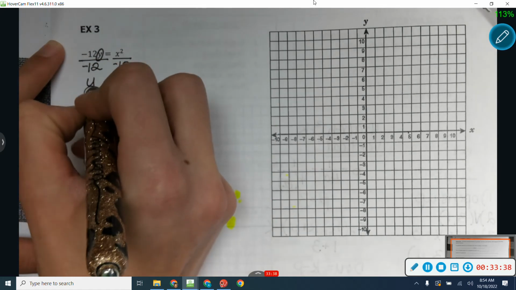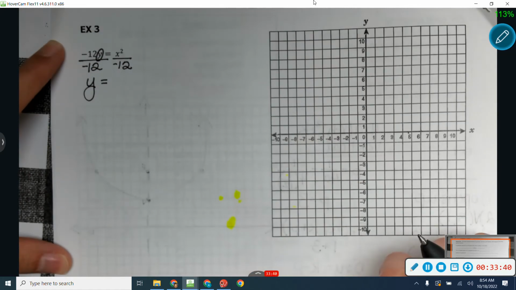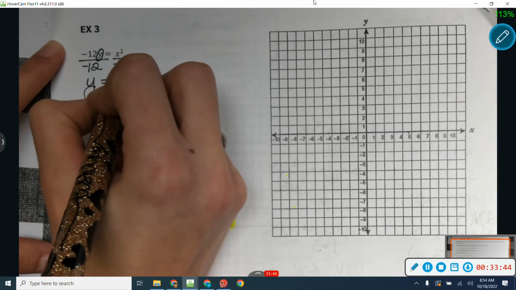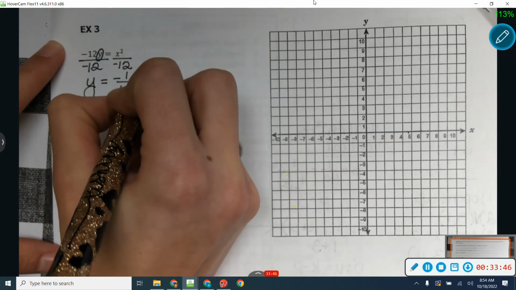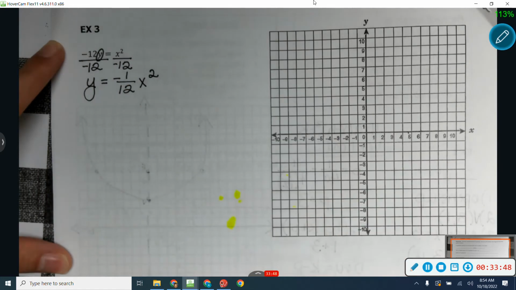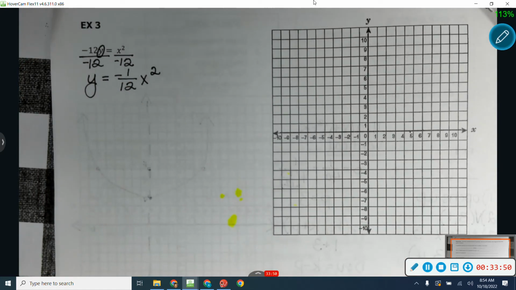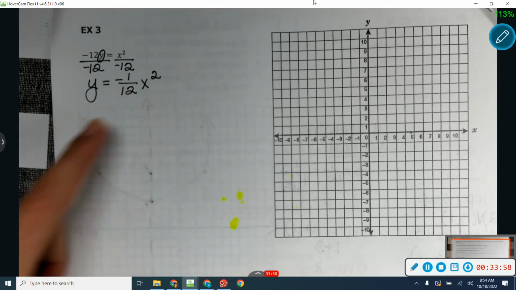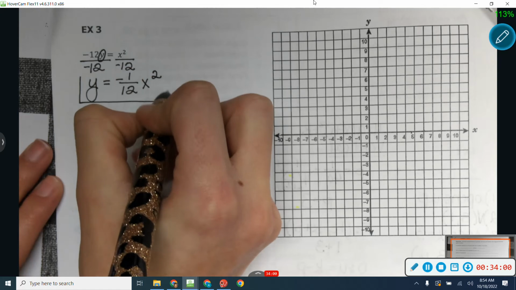Alright? When I divide that, I'm not going to write x squared over negative 12. That's going to become a negative 1 over 12 x squared. Okay, because you want your a in front of your x squared term. So if you're dividing, you're going to make that a fraction, 1 over that. Okay, so this is my new equation.